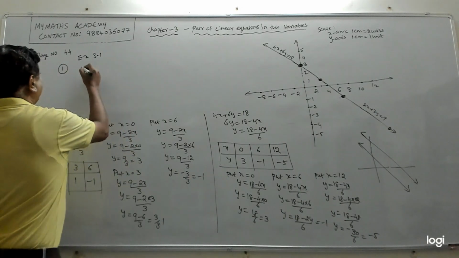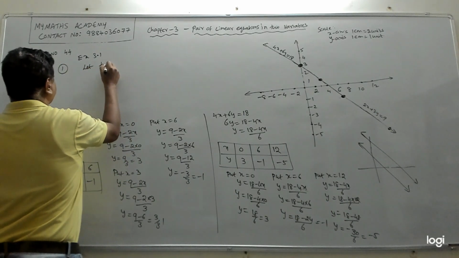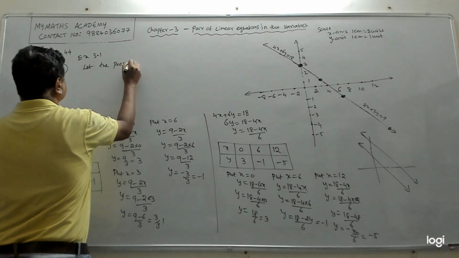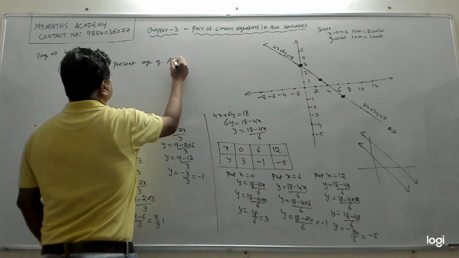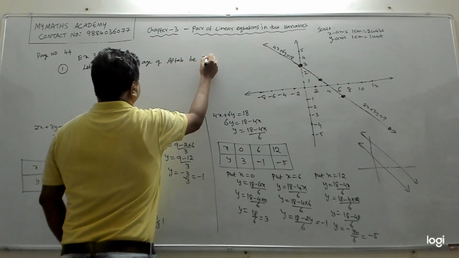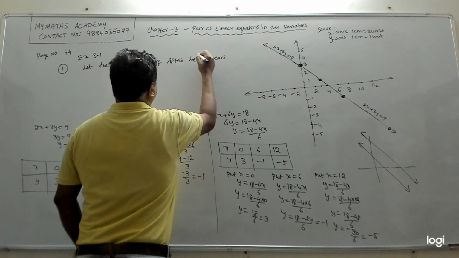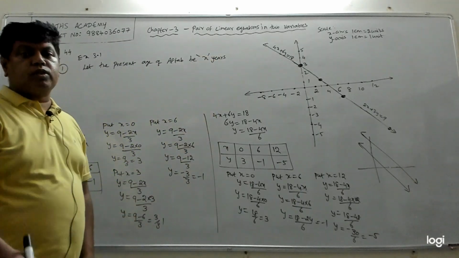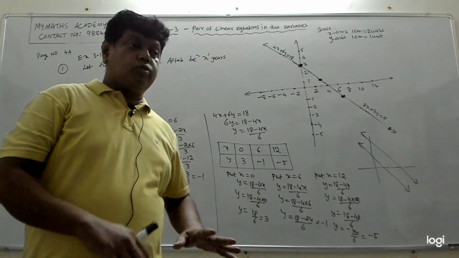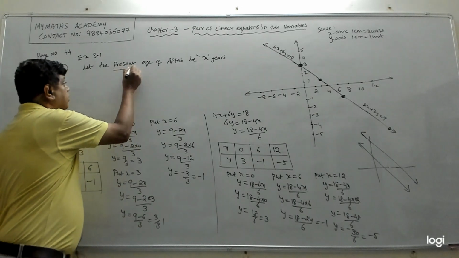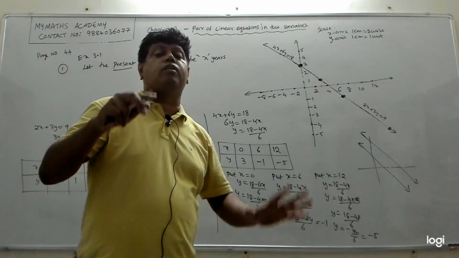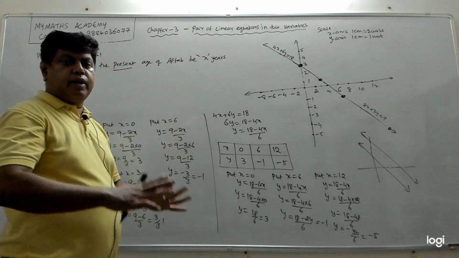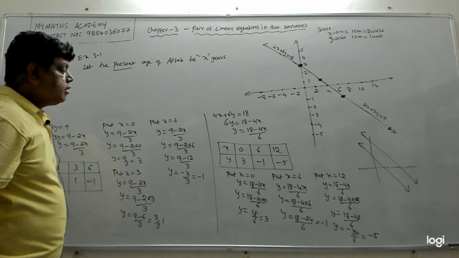So we will say, let the present age of Aftab be X years. So he is X years old. You have to first, so this word present is very important. Don't say let the age of Aftab be X years. You have to say let the present age of, a current age, right?